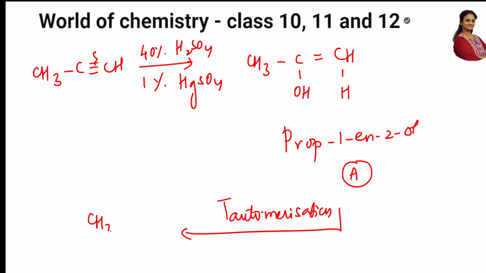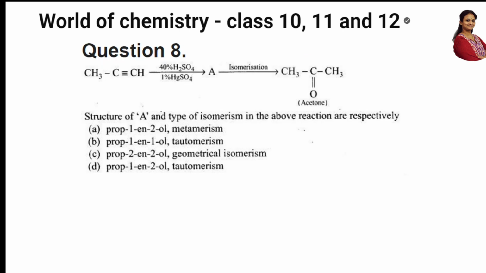So that's nothing but acetone, CH3COCH3. Perfect. Both are tautomers: the alcohol and the ketone. Now, what is the answer, students? The answer is prop-1-en-2-ol. This is the option.